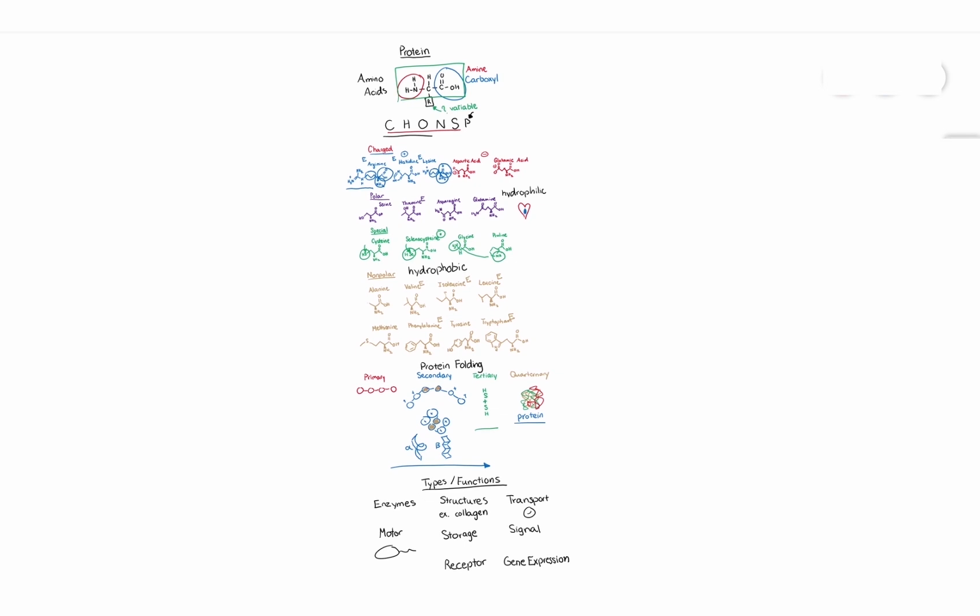Your final protein has different types or functions, and so you have enzymes, structural protein, transport protein, motor protein, storage protein, signal protein, receptor proteins, and gene expression proteins.